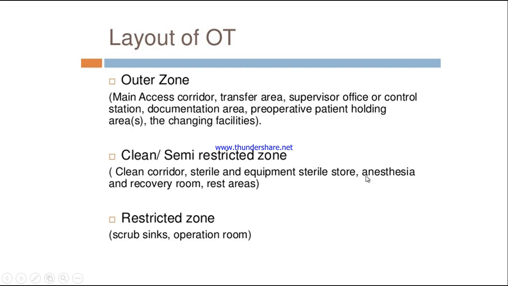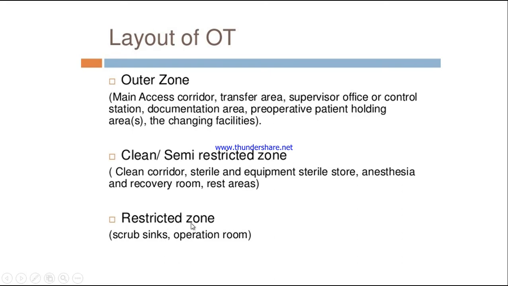Like I said, there is a post-operative room, and this post-operative room is nothing but the anesthesia and recovery room. And there is the rest room. After surgeries, doctors and nurses are tired, so they need some rest. These are called rest areas. These are all in the clean and semi-restricted zone.